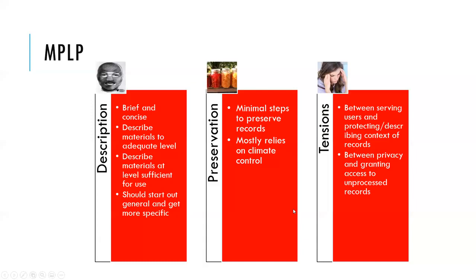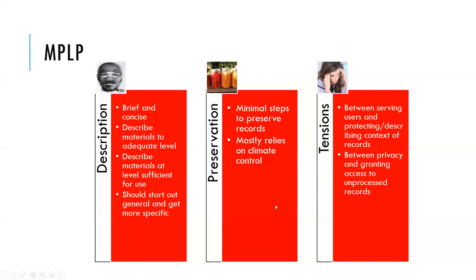So if you're not spending a lot of time working with records and looking through the records because you're doing MPLP, then you might not be aware of different preservation issues that are going on. You might not be aware that there's film in a film canister that is degrading. You might not be aware that there are photographs that are fading or have some kind of mold on them or something.